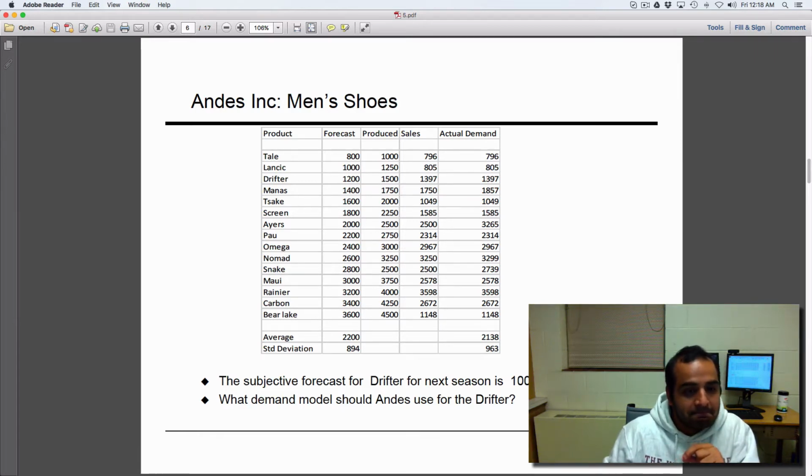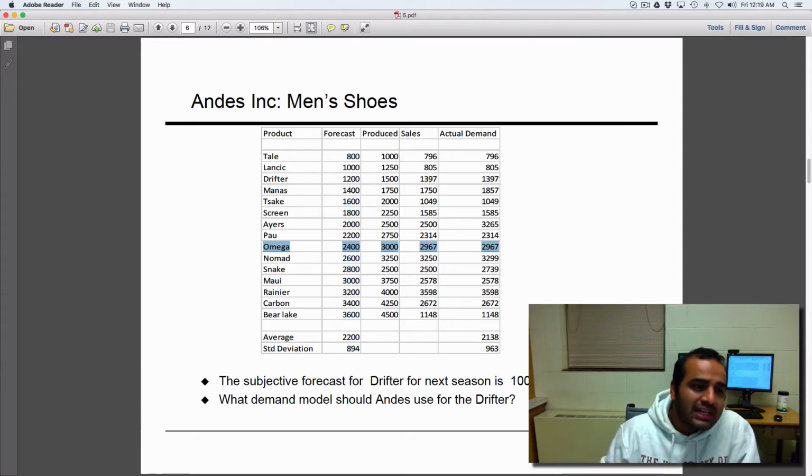For example, if you look at the product Omega, the forecast was 2,400. They made 3,000 shoes. They sold 2,967, and the actual demand was also 2,967, all of which they sold.